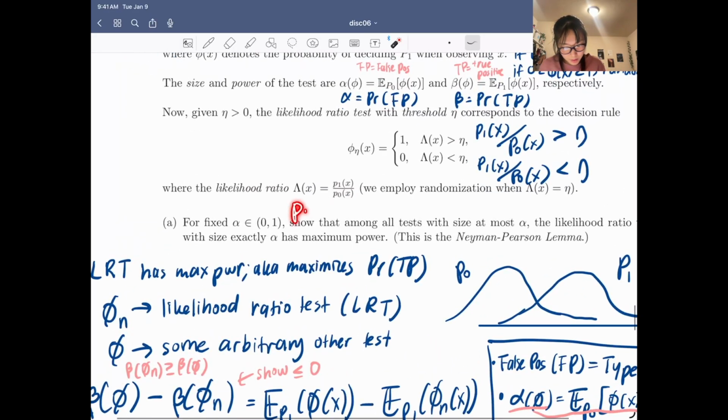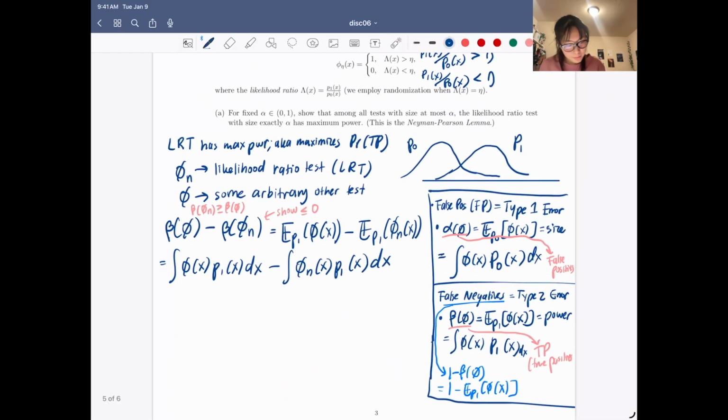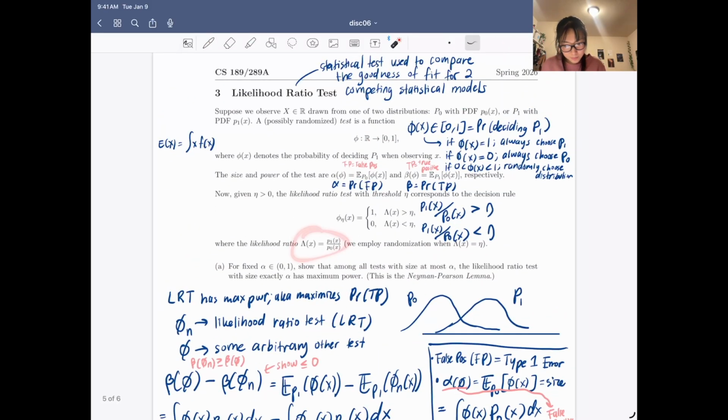Therefore, we can say that p1 of x is equal to lambda of x times p0 of x, by multiplying on both sides by p0 of x. So we replace this with p0 of x times lambda of x, and we replace this equivalently with lambda of x times p0 of x, because that's how this is defined right over here.